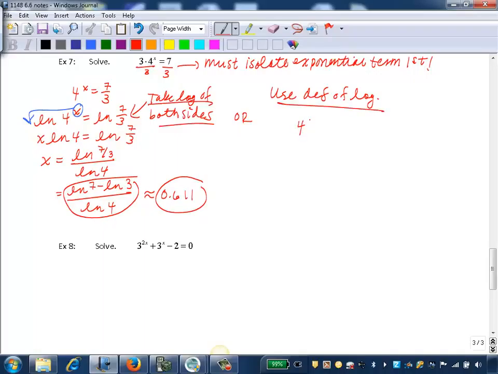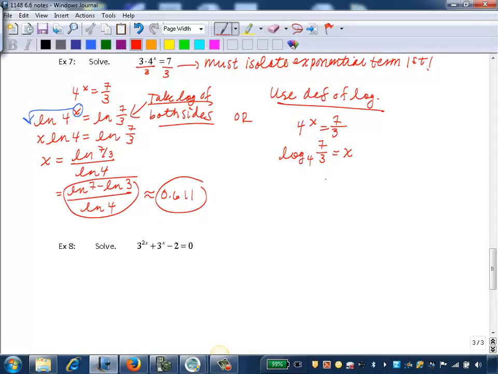So once we get to the 4 to the x equals 7/3, once we divided both sides by that 3, now we could just write this in the equivalent form using logarithms. So remember, the base of the log is the base of the exponent. So I want log base 4 of 7/3, and that's going to equal my variable, which is the exponent. So right here, we've isolated x.